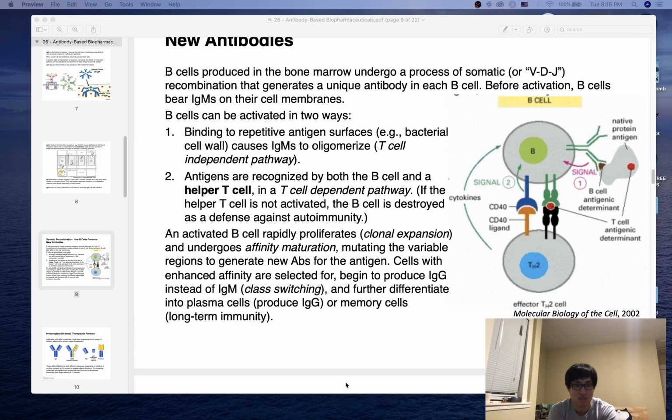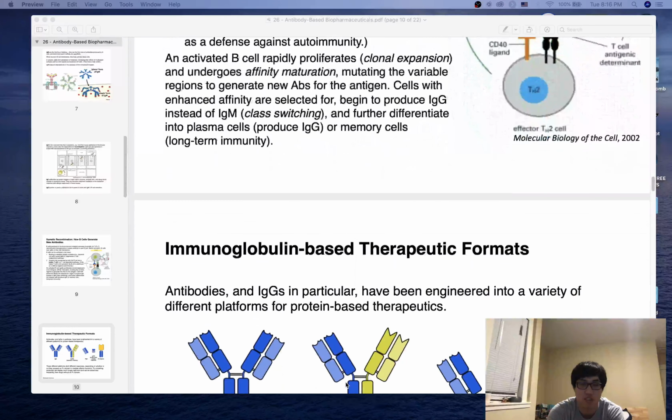So these two are not equal to each other, but it does go through affinity maturation. So that's called the entire lineage of antibody evolution.